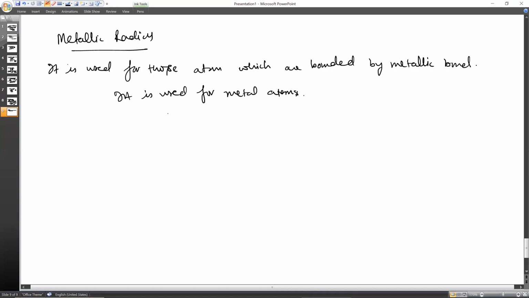So what is a metallic lattice? Whenever there is a metal, this is a metallic lattice. These are the metal atoms. Got it?